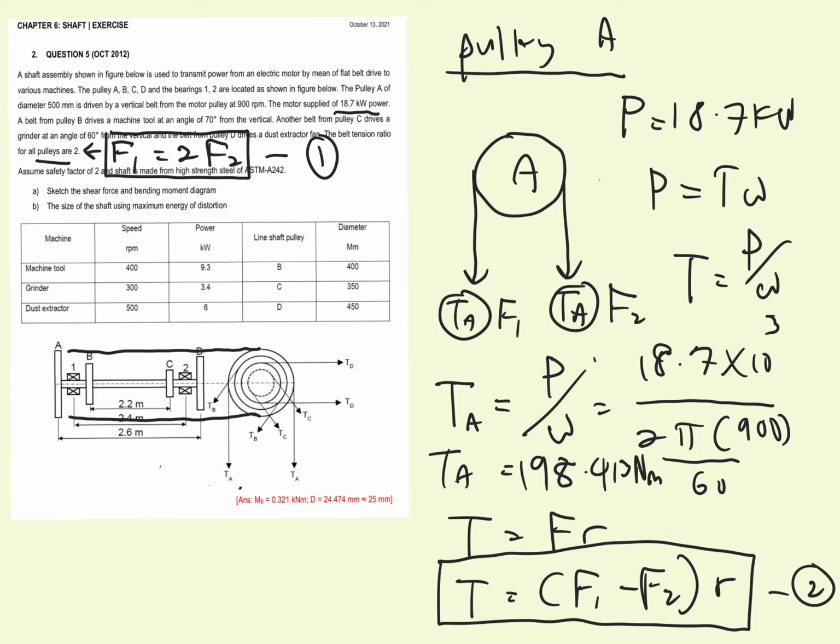So this is the value of torque at pulley A, 198.413 Newton meters. Now that we have the torque at pulley A, we can put this value into equation number 2 here.